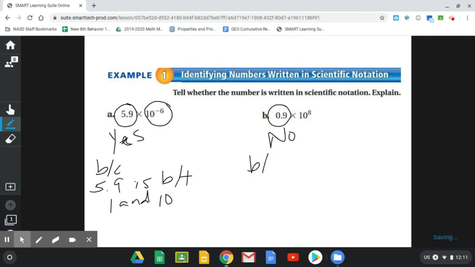So then we would say it's not because 0.9 is less than 1. Okay? It's as simple as that as far as identifying whether something's in scientific notation. Look at the first factor. Is it between 1 and 10? If so, make sure you're multiplying by a base 10 with an exponent, and then you can say yes or no. All right. Okay, let's move on.